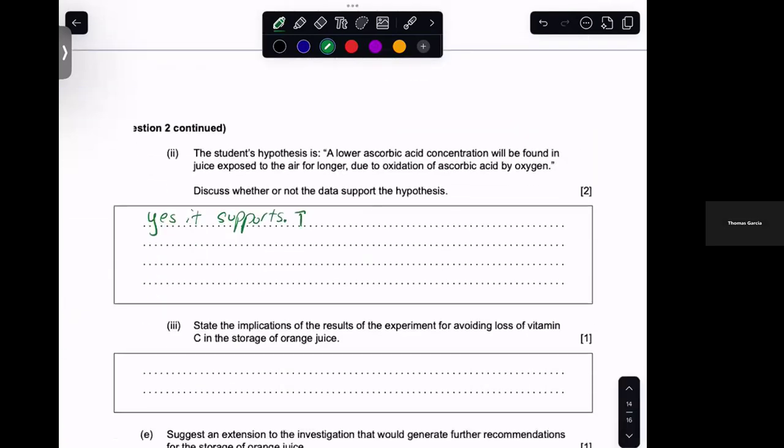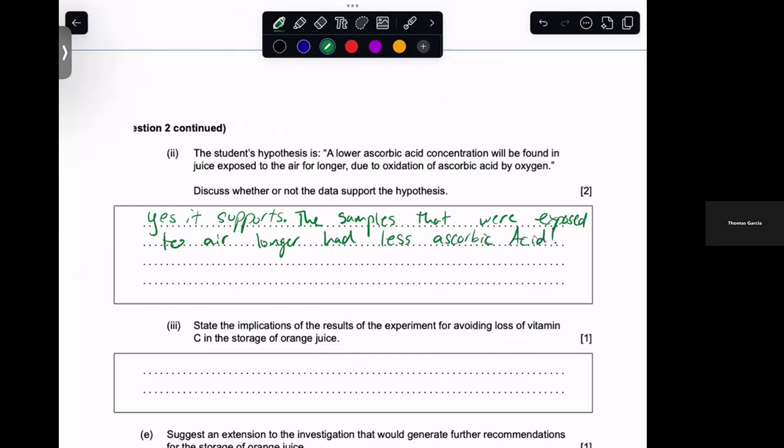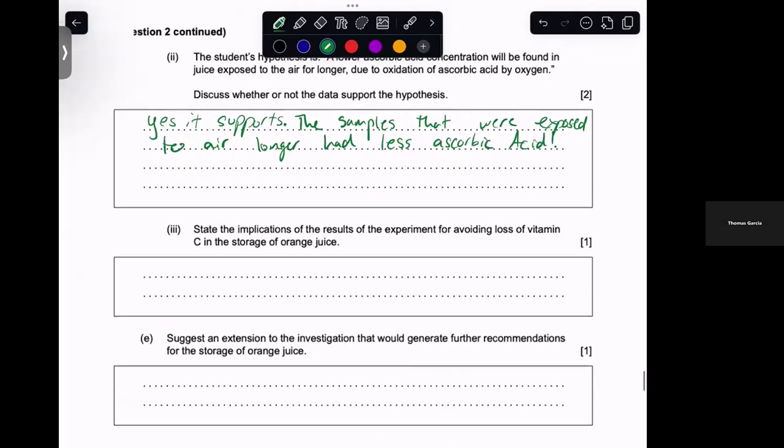So, yes, it supports. The samples that were exposed to air longer had less ascorbic acid.